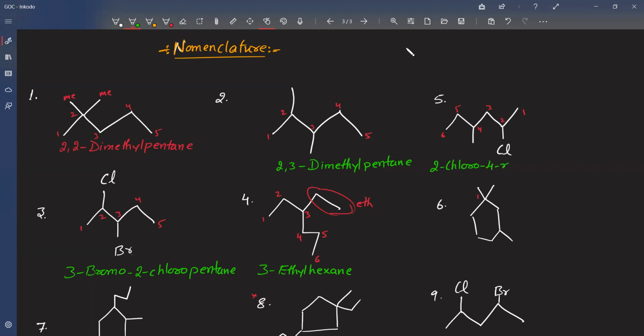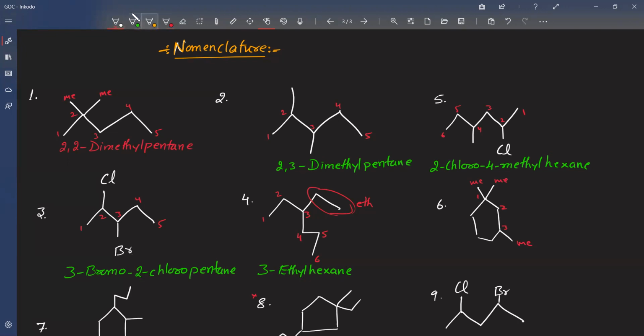Sixth one, 1,1,3 trimethyl cyclohexane. Okay. So this is position 1, this is position 3. On 1 there is methyl, and on third as well there is methyl.